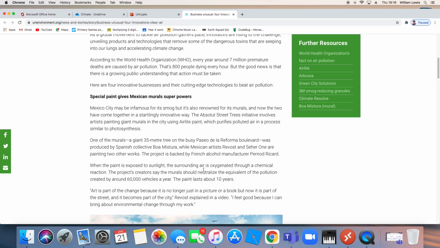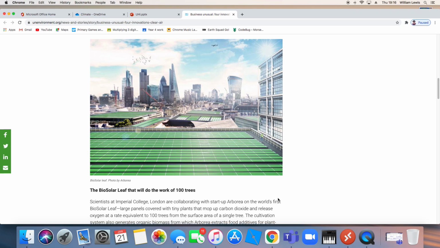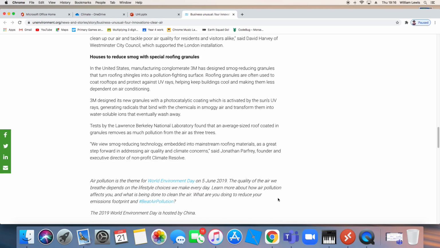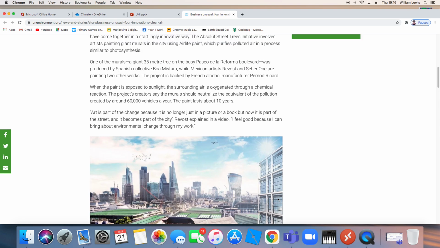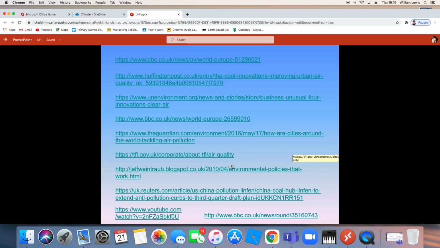And so what they've done is they've created a paint, look, this is so cool, which purifies polluted air in a process similar to photosynthesis. How amazing is that? And then there's these biosolar leaves, and then there's all this other scientific stuff that's being done.